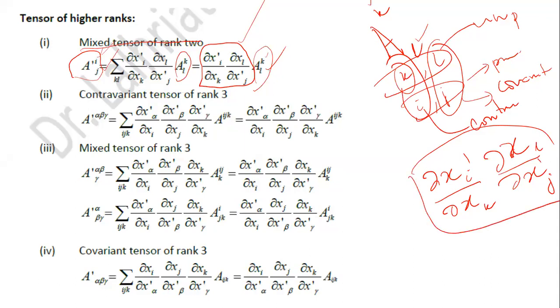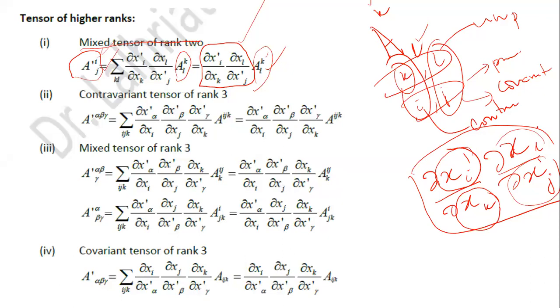You should know that for a contravariant index, the transformation coefficient should involve the prime coordinate variable in numerator and unprime in denominator. And similarly for the covariant index, the transformation coefficient should involve the prime coordinate variable in denominator and unprime in numerator. So they are reversed, right?